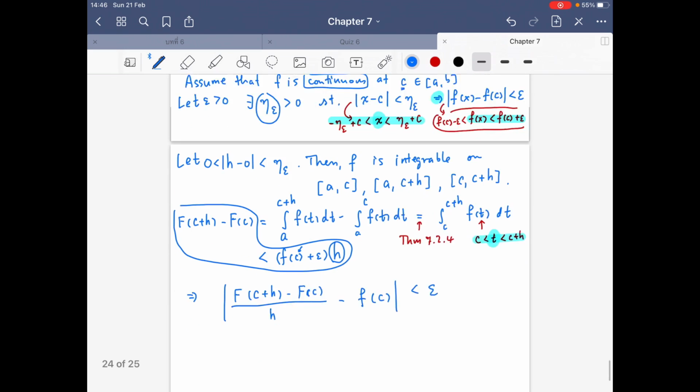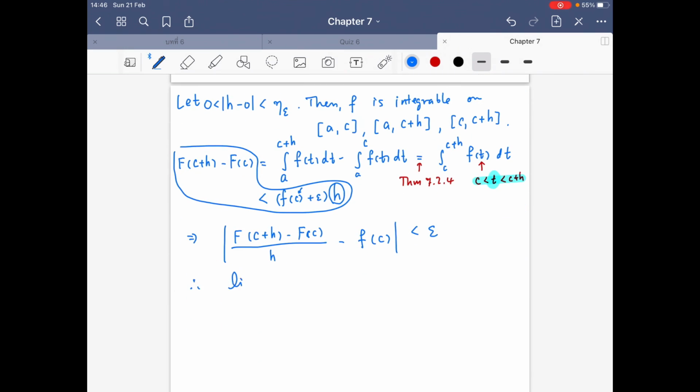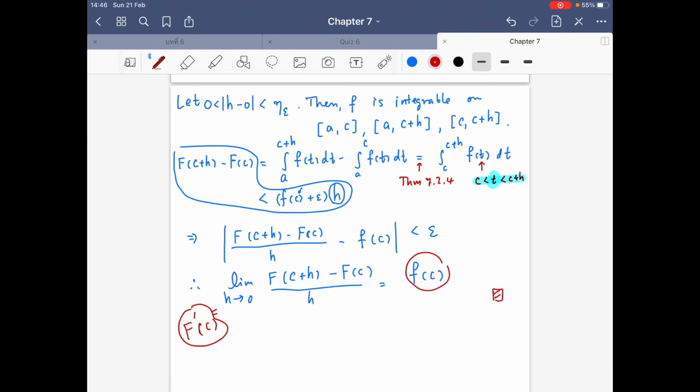So it means that the limit as h goes to 0 of this one exists, and it equals f(c). But this limit is simply F prime at the point c. So you have F prime at the point c equals small f evaluated at this point c as well. Okay, so we are done here.